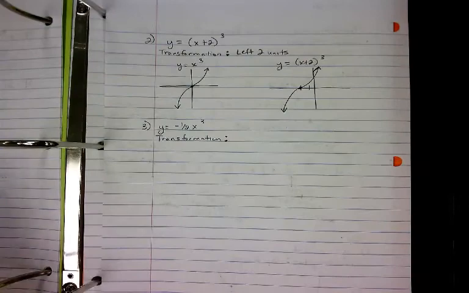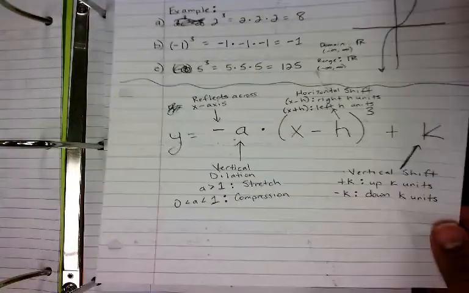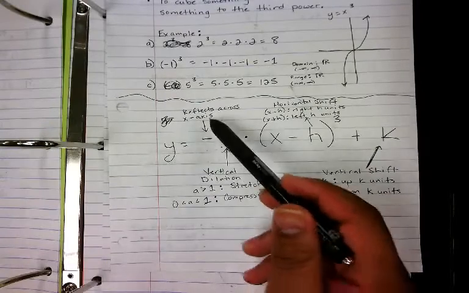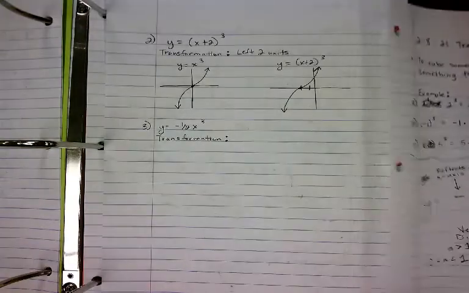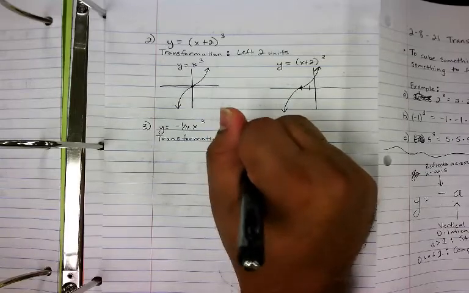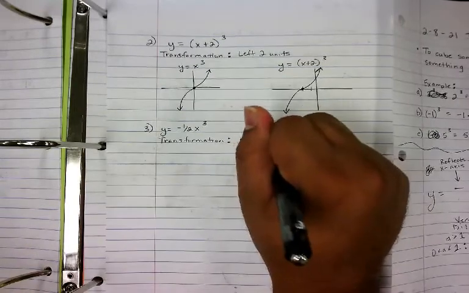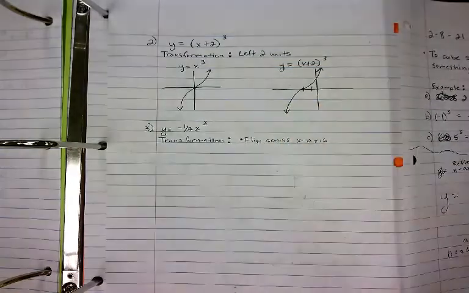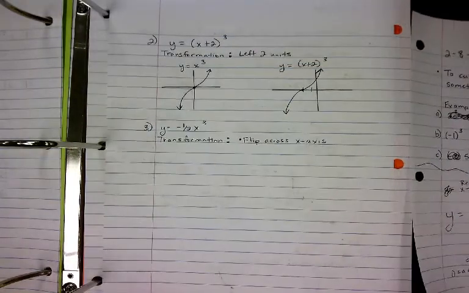My first rule, if I'm looking at the negative sign right here, says that it reflects across the x-axis. So for the first one, you can put flip across x-axis.